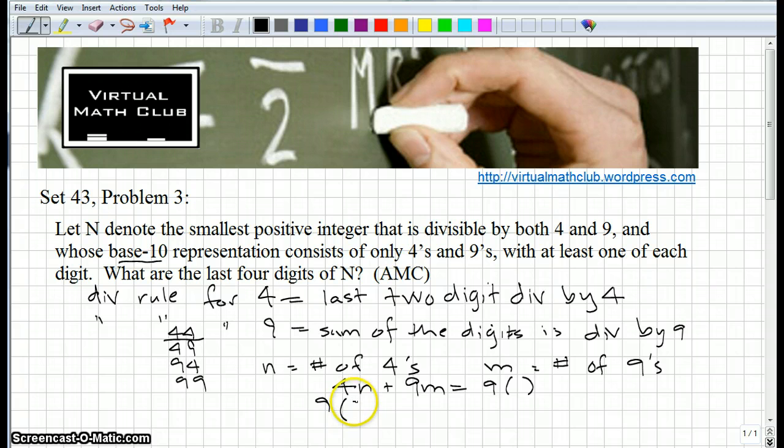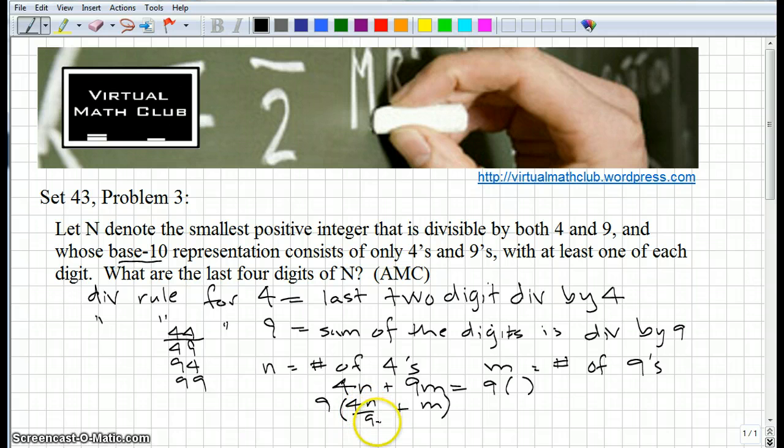So we ought to be able to factor a 9 out of this expression. There's not a factor of 9 in the 4n term, so we just have to divide by 9. There obviously has to be a whole number of 4s. You can't have 2.5 4s in your number; you have to have 1, or 2, or 3, an integer number of 4s.